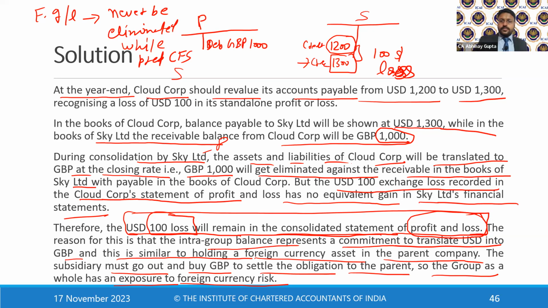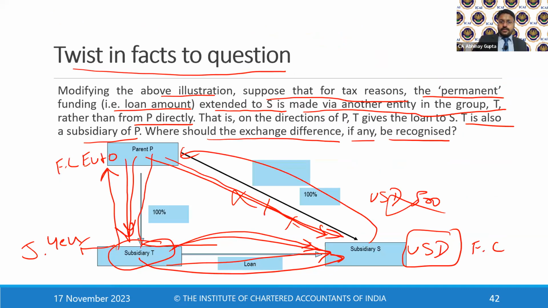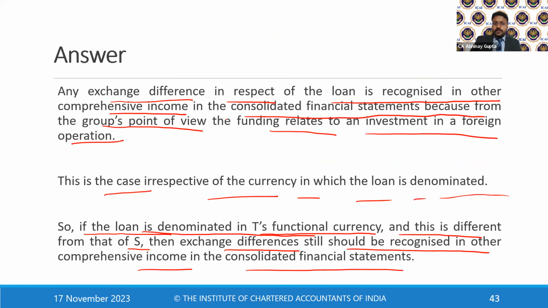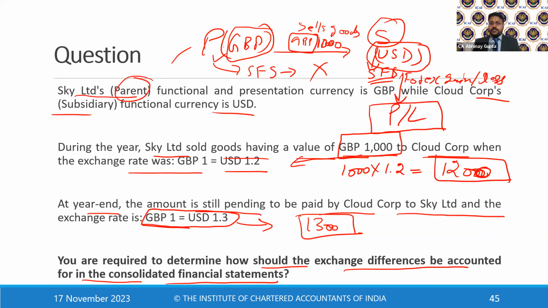I mentioned that this will be recognized in OCI only if this is pertaining to net investment, right? And this transaction is having a trading balance because this is a sale and purchase of inventory. So this is not a net investment transaction.